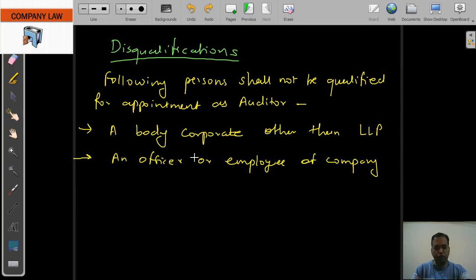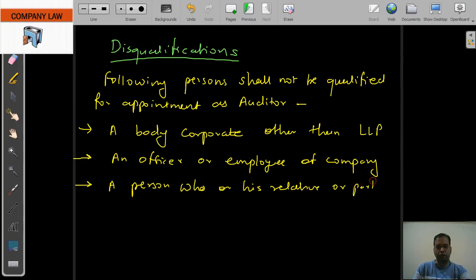So you can say these persons: a person who, or his relatives or partner, is holding any security of or interest in the company.